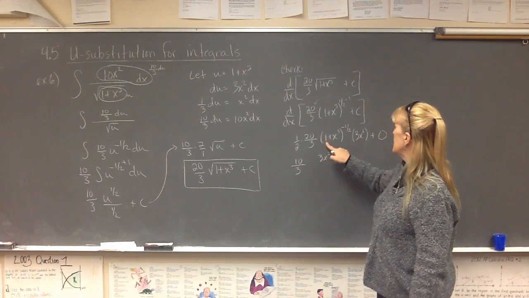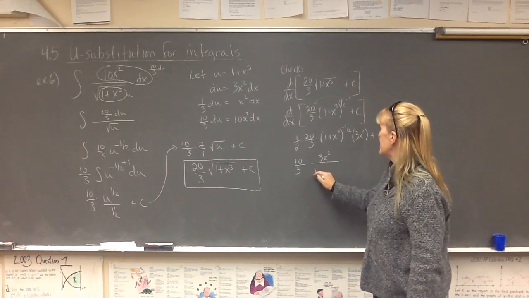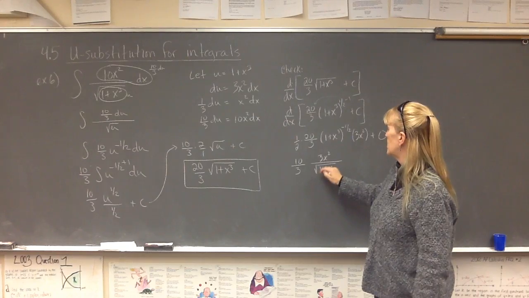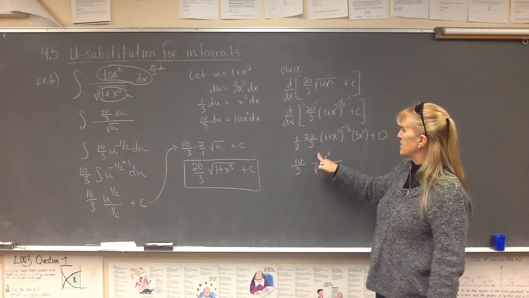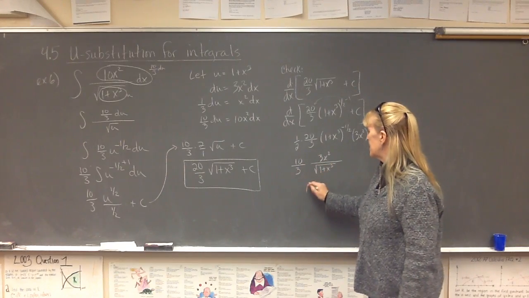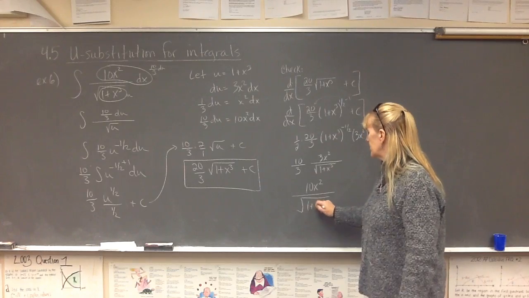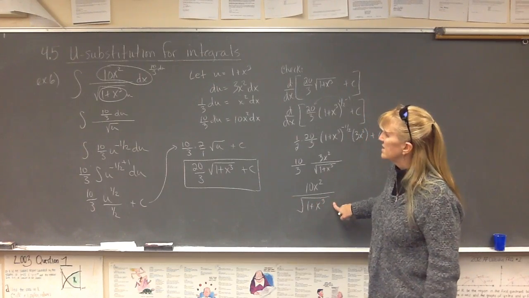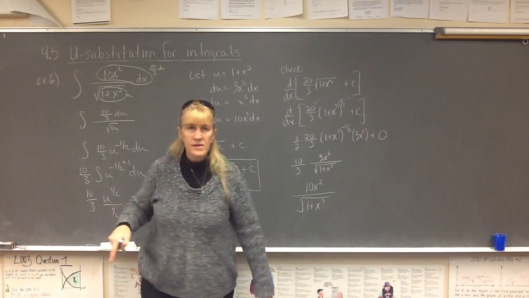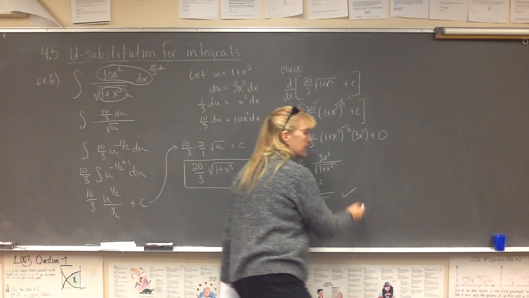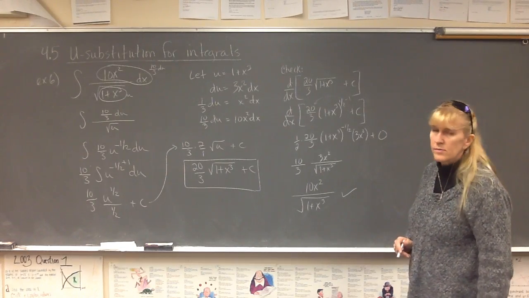And this, because of the negative exponent, I would like it to go to the denominator as the square root of 1 plus x cubed. And it looks like my 3's are going to divide off, and I'm going to end up with 10x squared over the square root of 1 plus x cubed. This is definitely the original integrand that I had in the question, so I did indeed check my answer, and I'm good to go. And that is the end of question number 6.